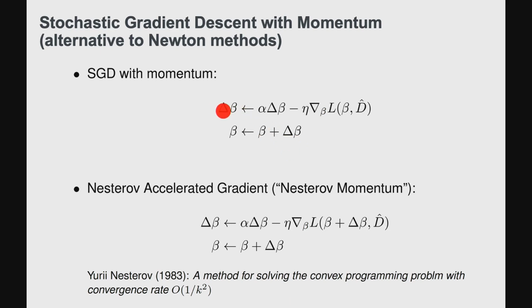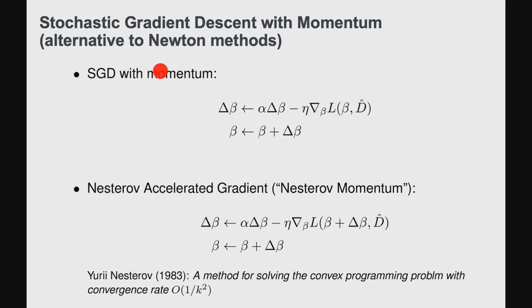So this delta beta, when you look at this line, this is the stuff that you had before, right? But you keep the previous change of your gradient and remember it. This is a bit like you let the ball roll down, and as you catch up speed, you remember that speed and only gradually decrease that speed again when you move uphill.